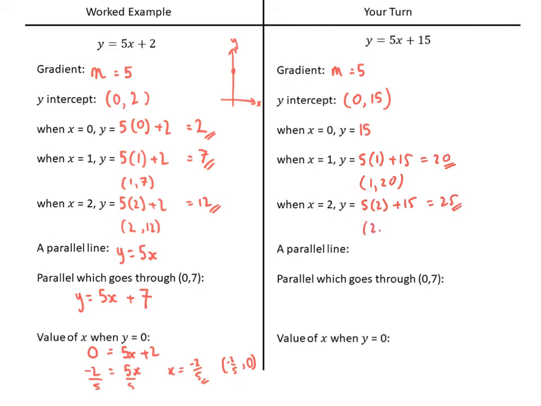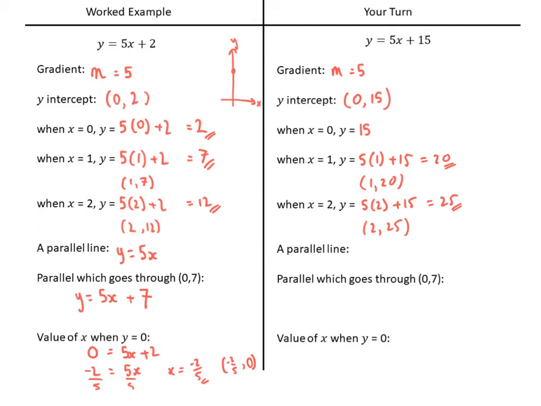Again, I can interpret that as a coordinate, 2, 25. The gradient of 5, increase of 1 in the x, increase of 5 in the y's. So the gradient of 5 is still in play in this bit here, same as it was over here.